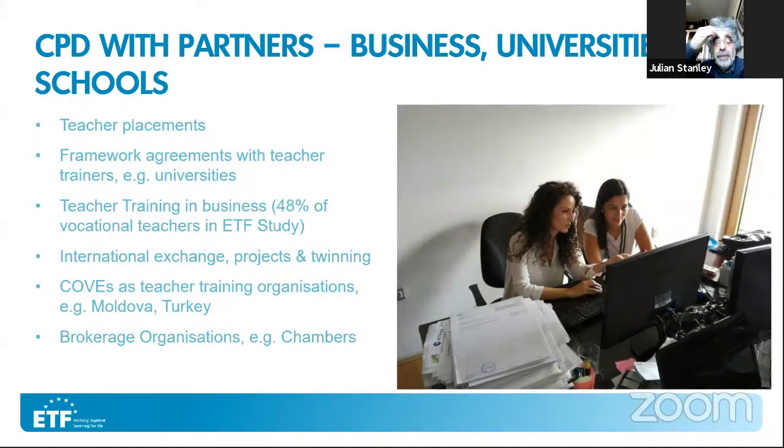So there are CoVEs in both Moldova and Turkey which are setting themselves up as teacher training organizations in a specialist field, for example, in ICT, and developing courses which they're offering to other schools. And then, of course, we know there are brokerage organizations like Chambers. I hope we'll hear more about that later today, who are bringing schools and businesses together to provide training. Next, and I think final slide, please.